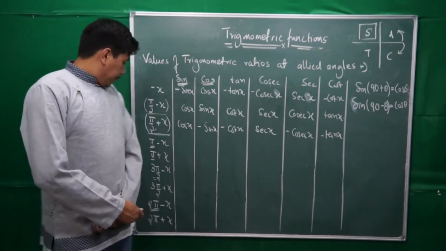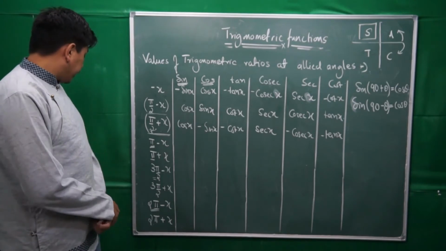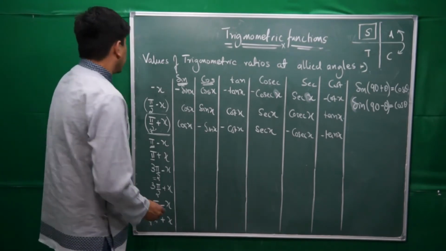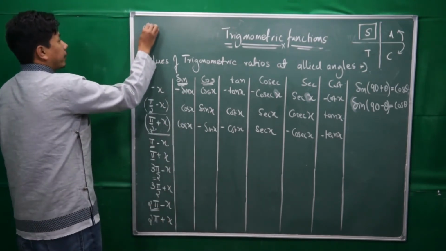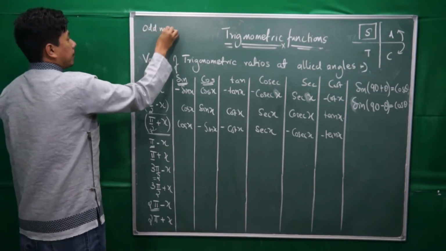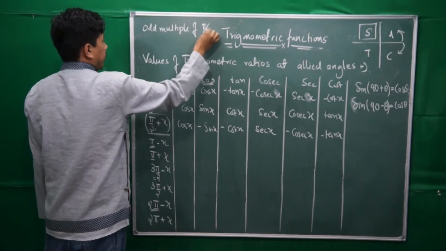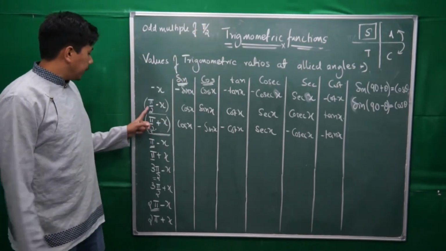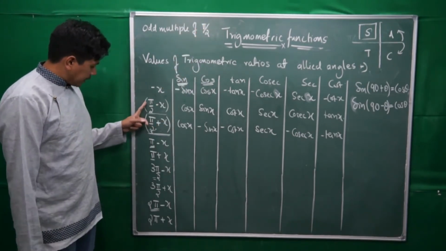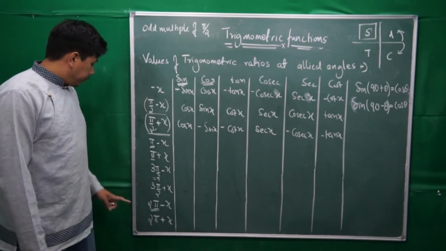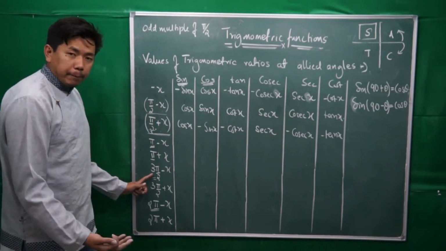To remember it, the best way is when we have an odd multiple of pi by 2. For example, let's say 1 into pi by 2, or 3 into pi by 2.